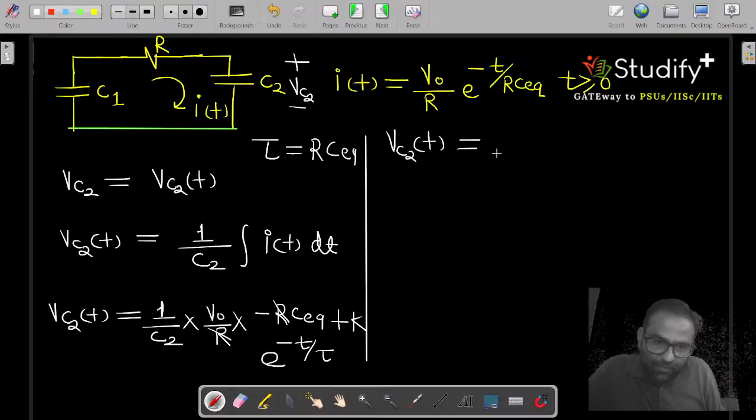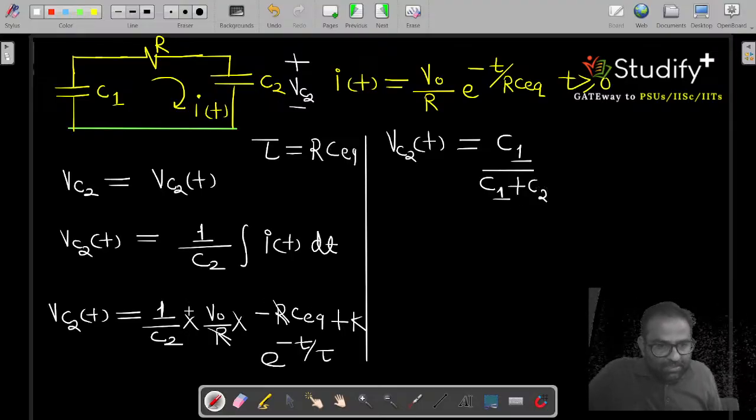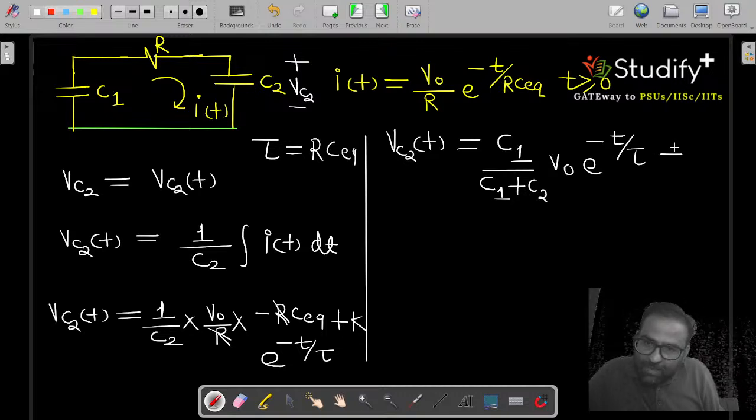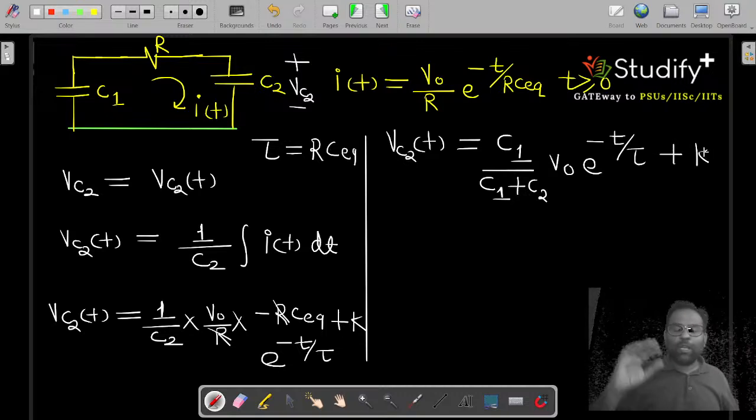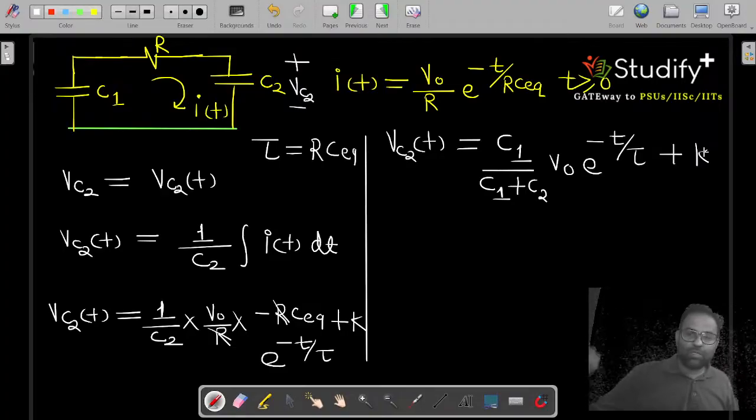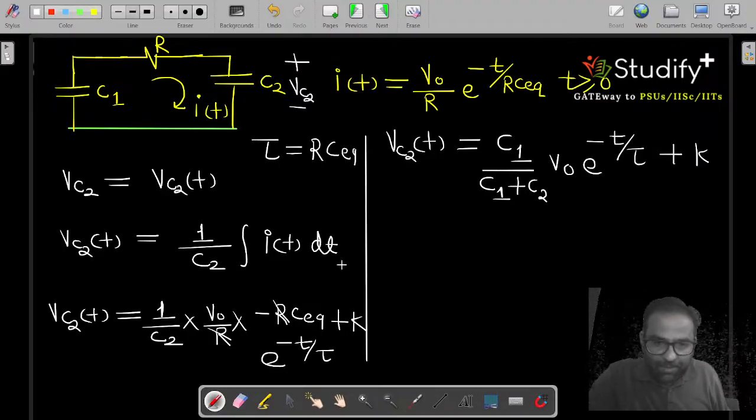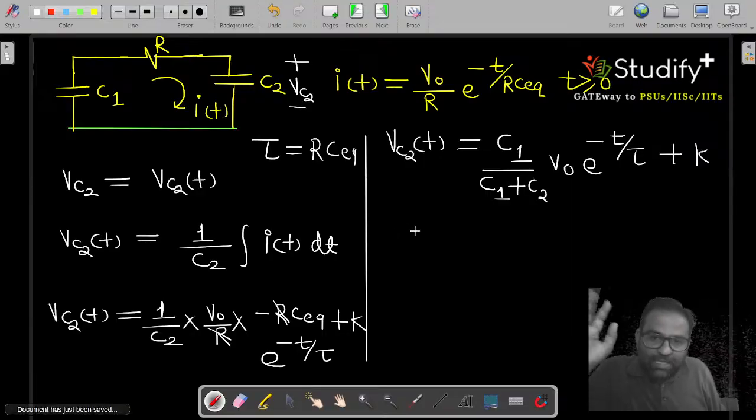So you can say this value will be C1 divided by C1 plus C2 into V0 into e to the power minus of t by tau plus K. You can write the voltage and current across every component once you know any parameter. Either if you are aware of the voltage or if you are aware of the current, you can write any parameter. So you can say VC2t has this expression.